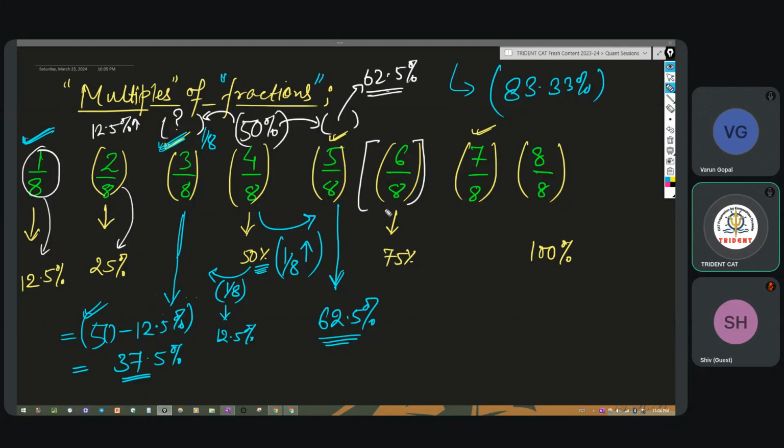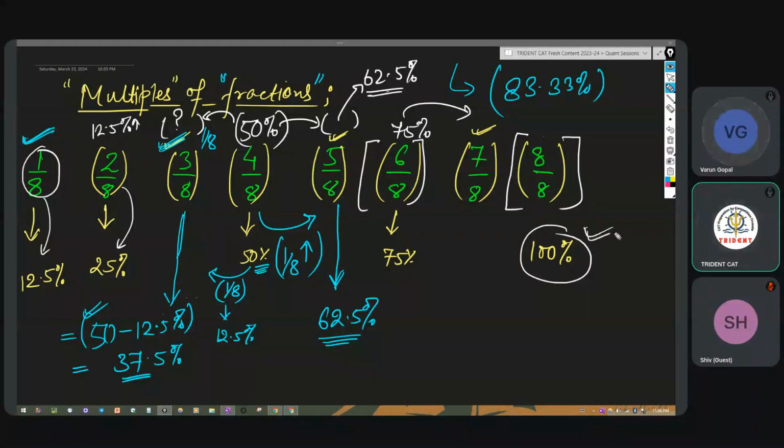Now, 6 by 8, again, I know is 75%. Ideally, I should predict by adding 12.5 to it. But can you see that 8 by 8 is a much better way to get me to that space? What I am telling you is that just subtract 1 by 8 from 1 and you will get 7 by 8.